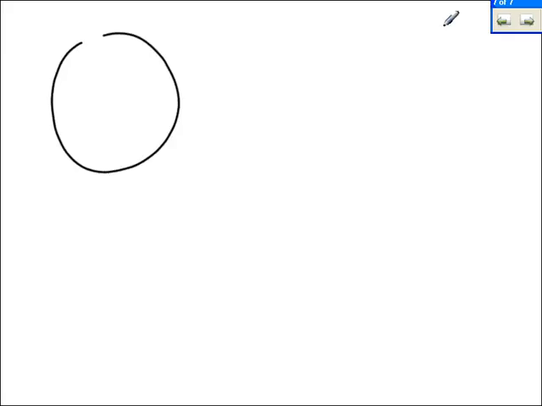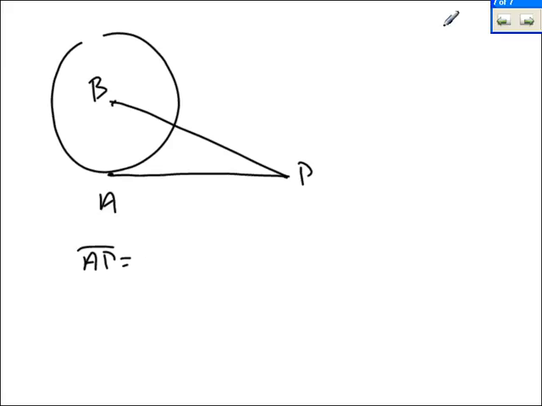Suppose you have this nice round circle. You have this tangent point, and you go here to point P. A, B, P. And you are told that AP is 15 centimeters.